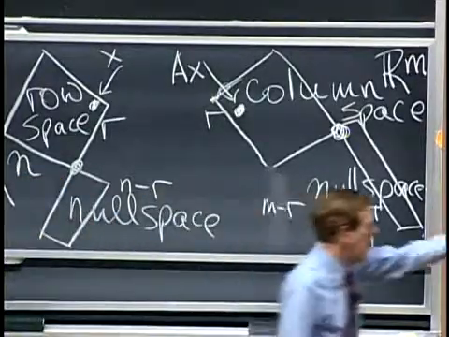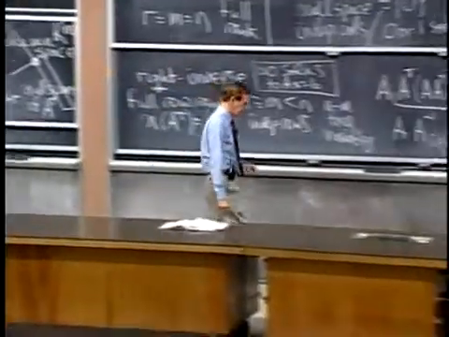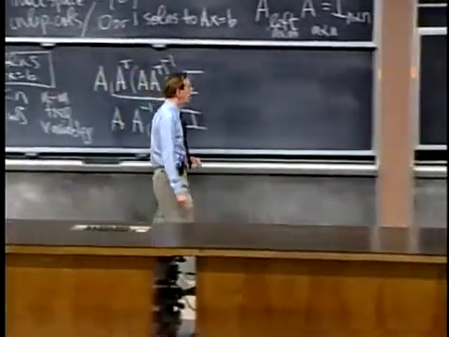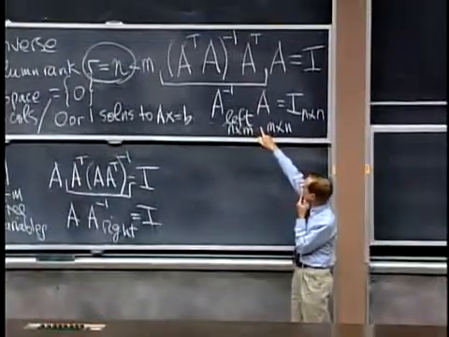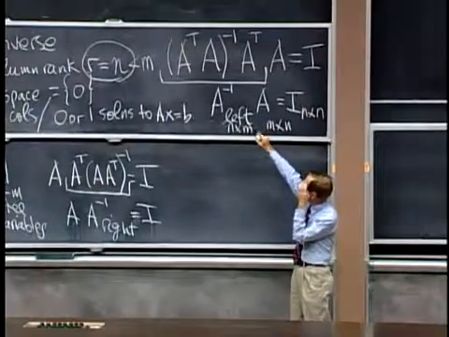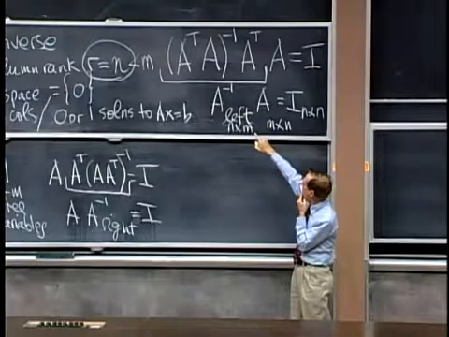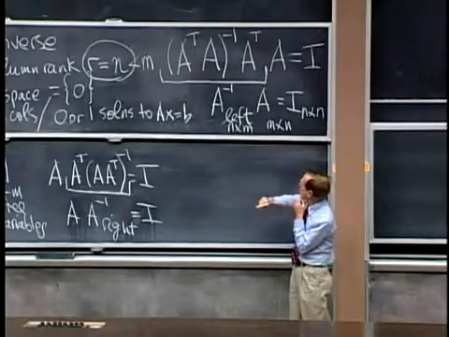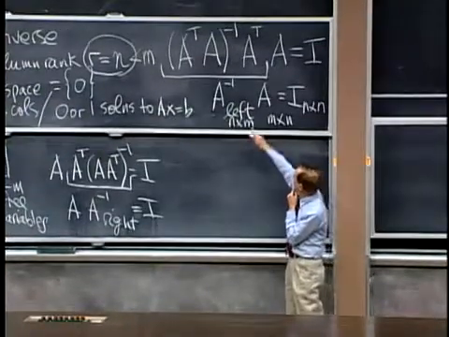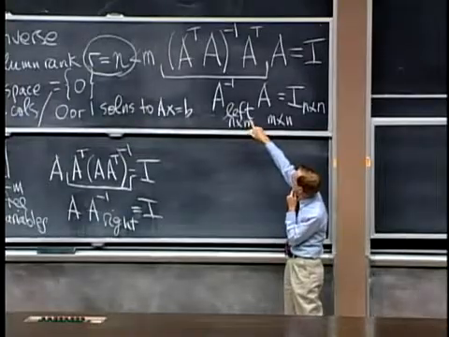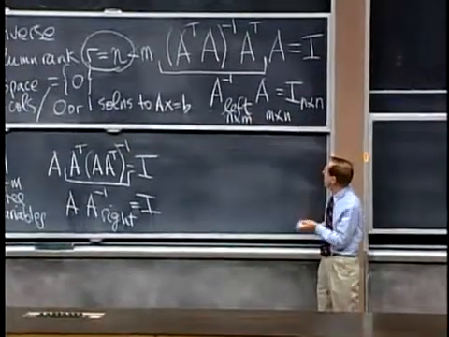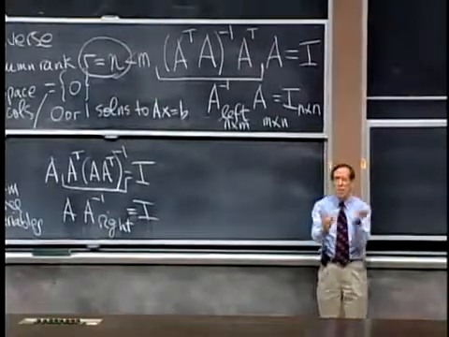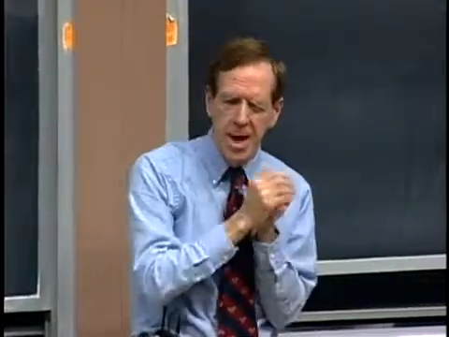But before I leave here, let me look a little more at this case of full column rank. So A inverse on the left, it has this left inverse to give the identity. I said if we multiply them in the other order, we wouldn't get the identity.